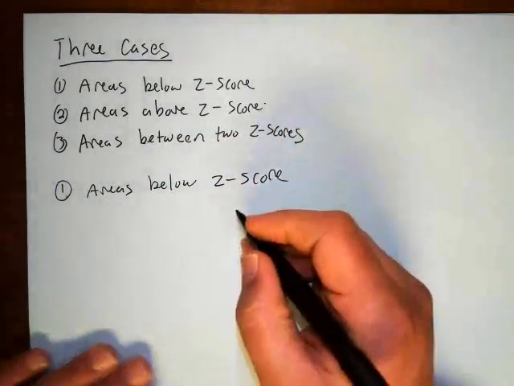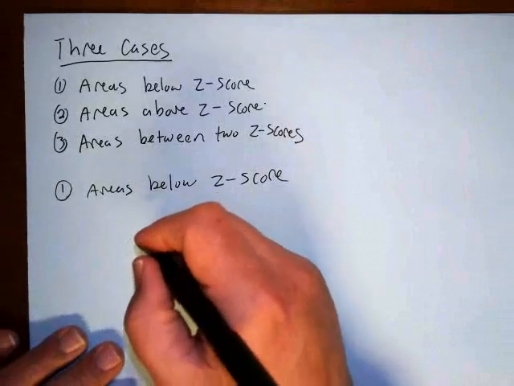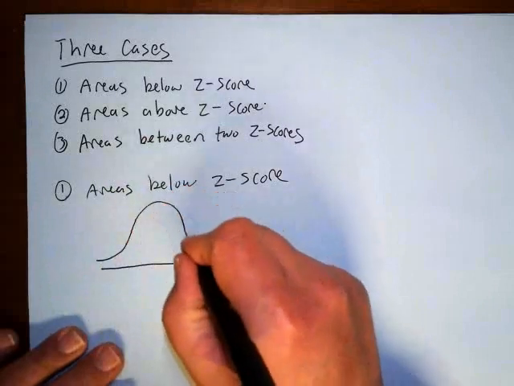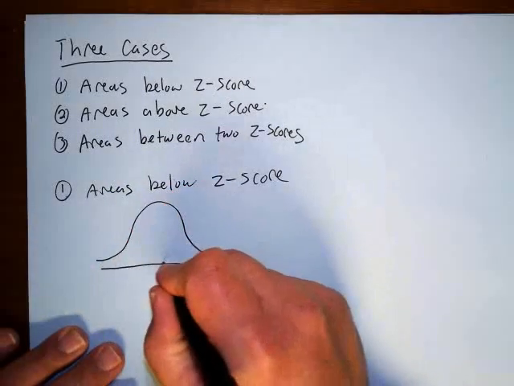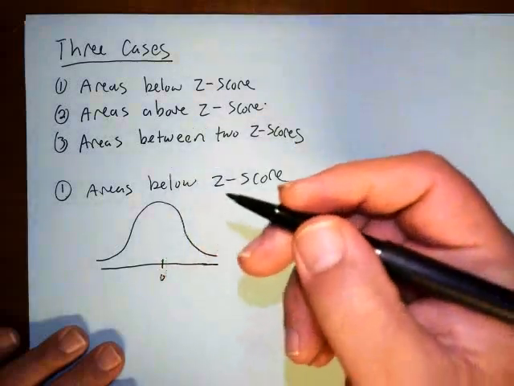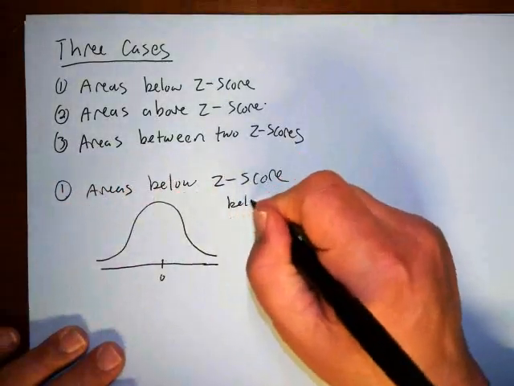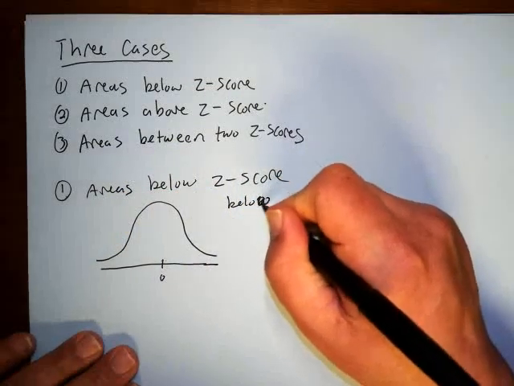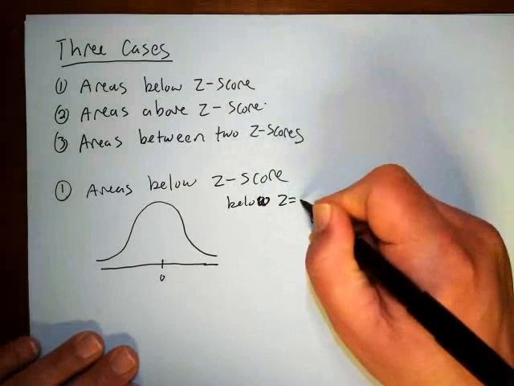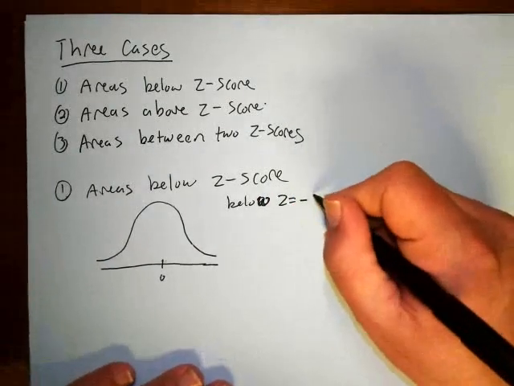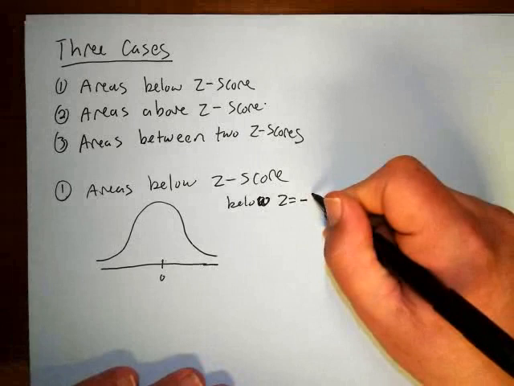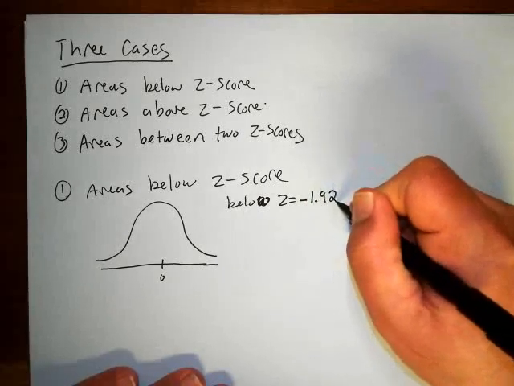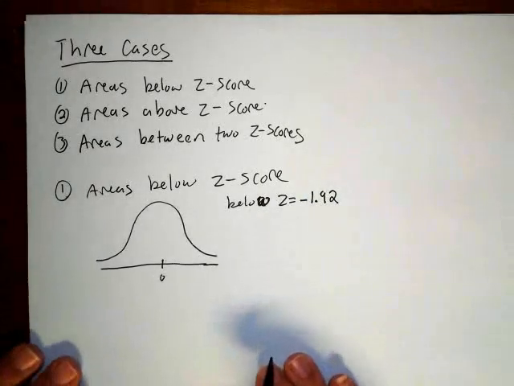Okay, so let's say I want to find an area below a z-score of negative 1.92.